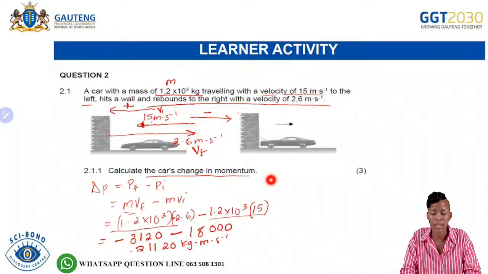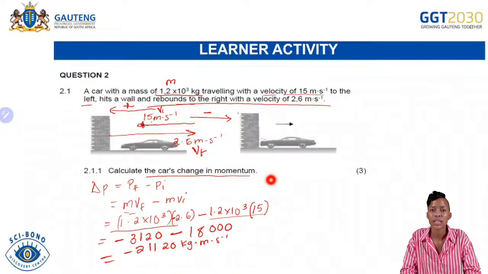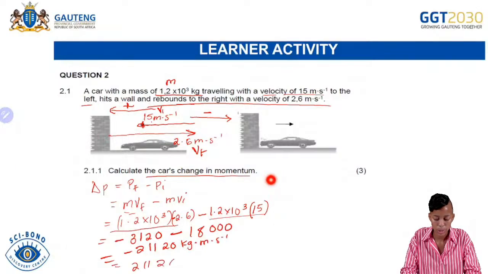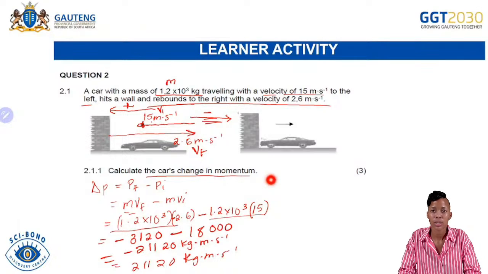second. Again, remember we said the SI unit of the change in momentum will be the same as the SI unit of your momentum. So we have a negative answer there. If we have a negative answer, we are going to write it as a positive answer with exactly the same unit, but in terms of the direction, remember we said if we have a negative, then it means our direction is to the right.